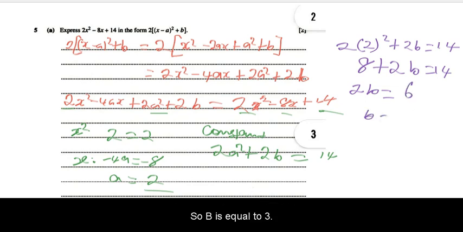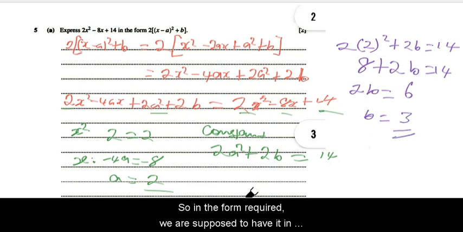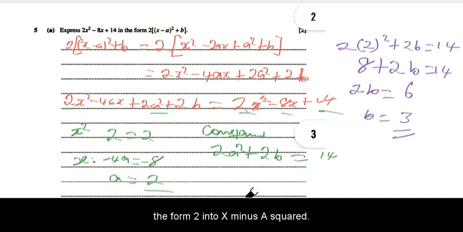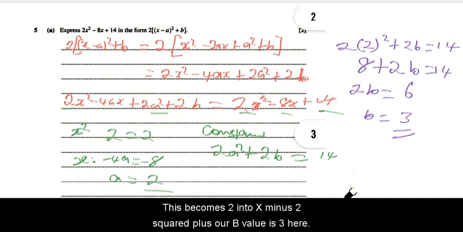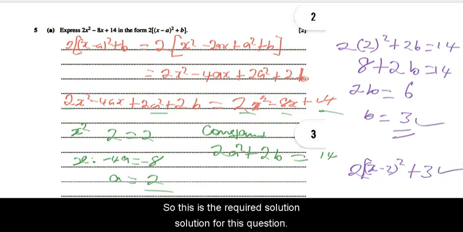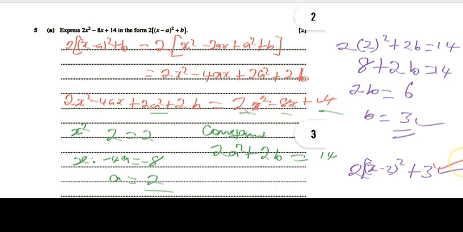So b is equal to 3. So in the form required, 2 into (x minus a) squared plus b, this becomes 2 into (x minus 2) squared plus 3. So this is the required solution for this question, and that is your 4 marks. Let's proceed to the next question.